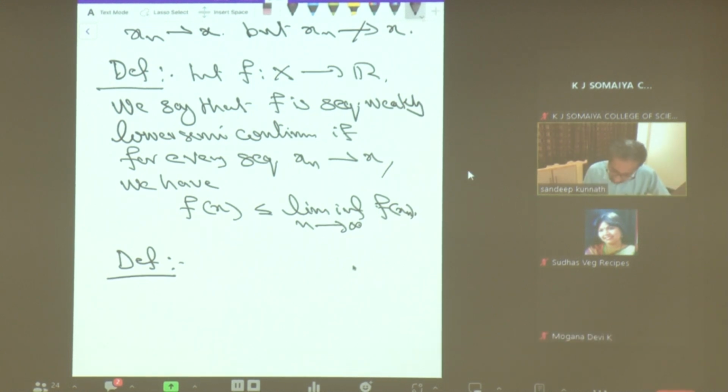Okay, so let us see what we mean by a function being coercive.